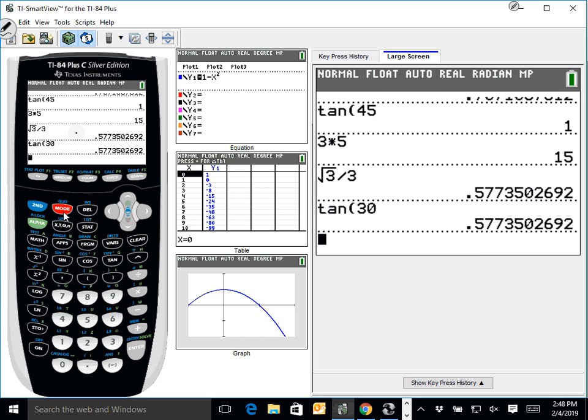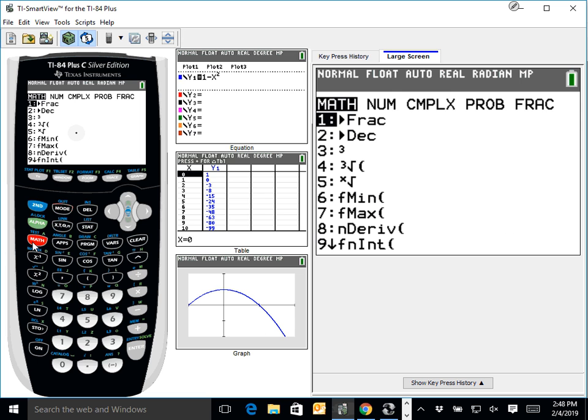Now again, I want to show you on your calculator how you can perform a definite integral. So here's what we're going to do. One way to do an integral is through the main screen. We hit math. We can see here number 9 is function integrate. That's how we perform a definite integral.